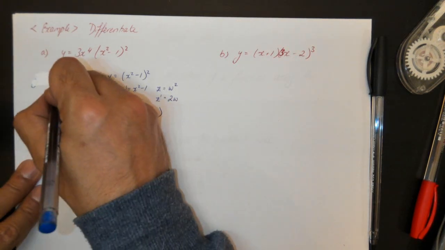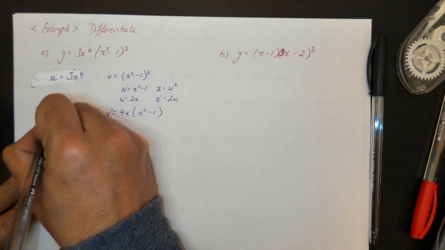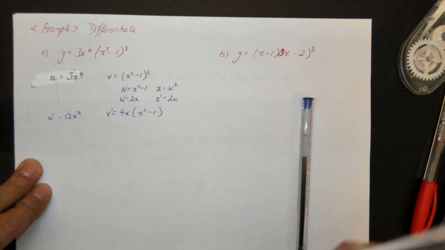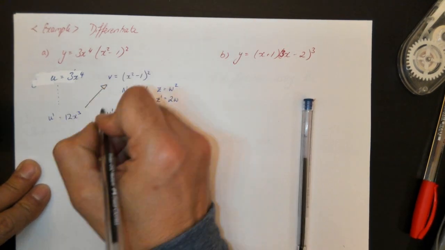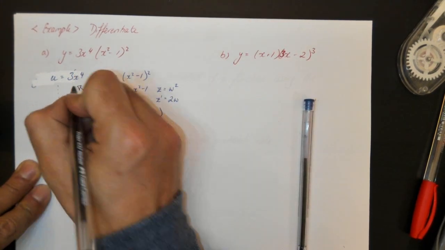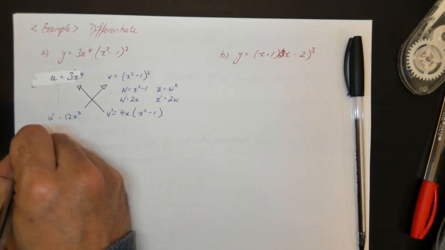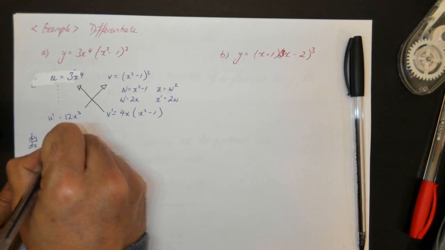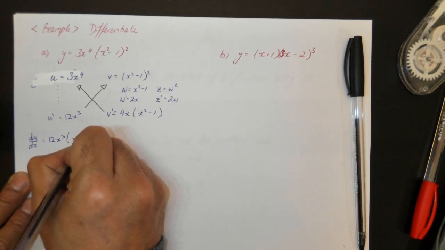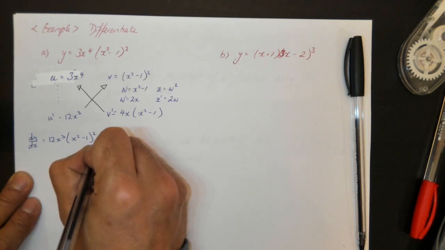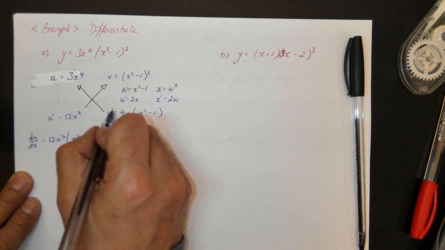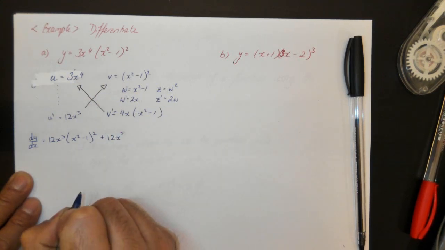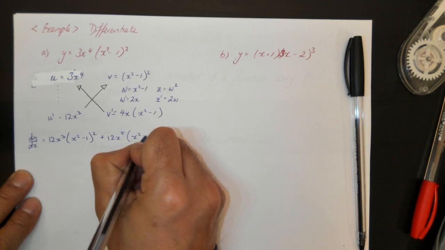Moving this down, we get u dash equals 12x cubed. Multiplying those together, we will get dy/dx is 12x cubed (x squared minus 1) all squared plus 4x times, well, 4 times 3 is 12, x to the power of 5 (x squared minus 1).